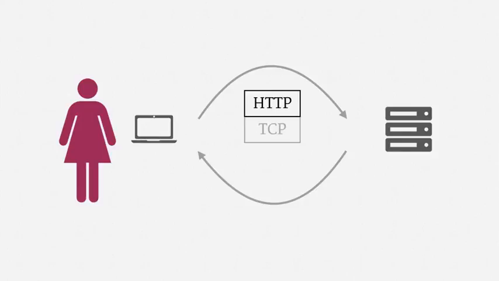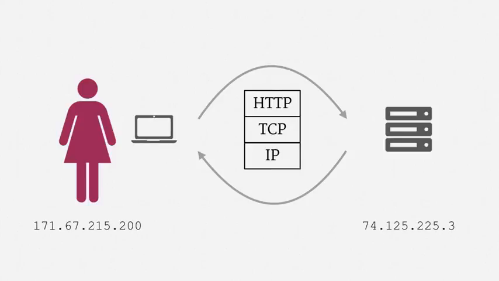Below it is TCP, the Transmission Control Protocol, which makes sure data arrives intact. Below that is IP, the Internet Protocol, which lets devices on the Internet send data to each other. Each device has a numerical IP address. It works roughly like a phone number, in that it's used to route communications from one device to another.